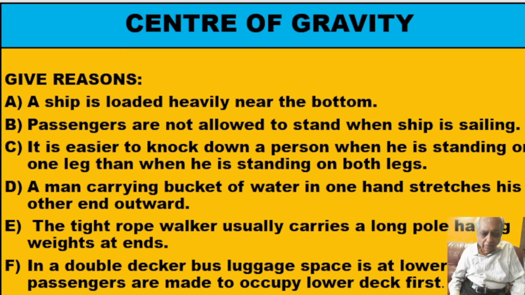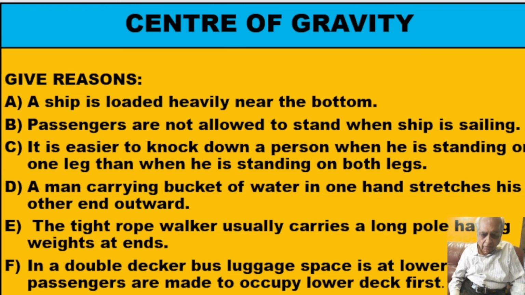Next, a man carrying bucket of water in one hand stretches his other hand outward. Now when a person is carrying bucket of water, then center of gravity would get shifted towards that direction. So when it gets shifted to that direction, he is now near the edge of the base.